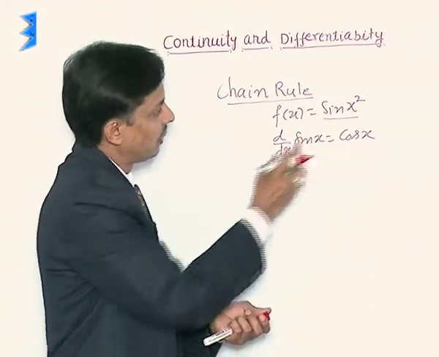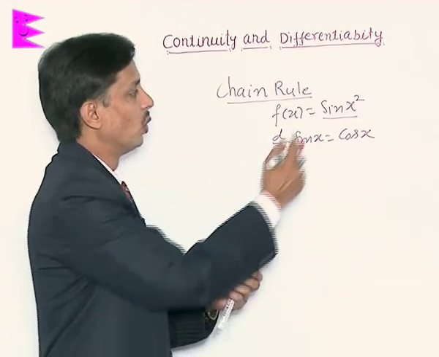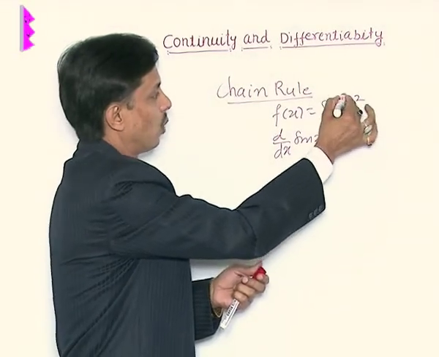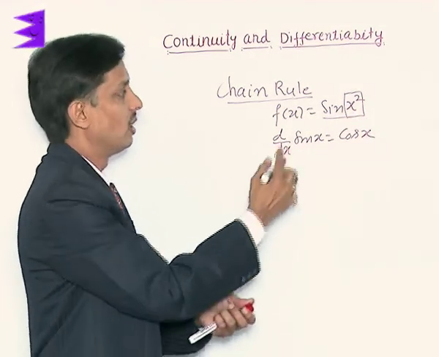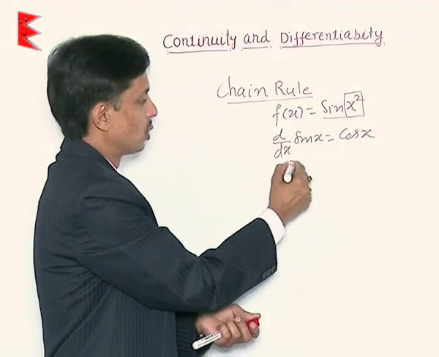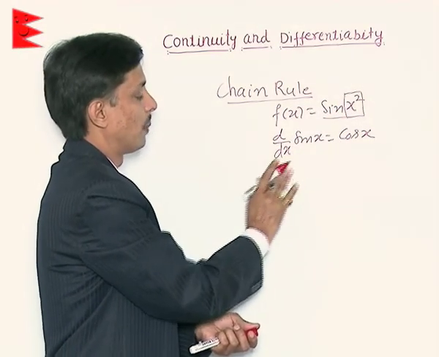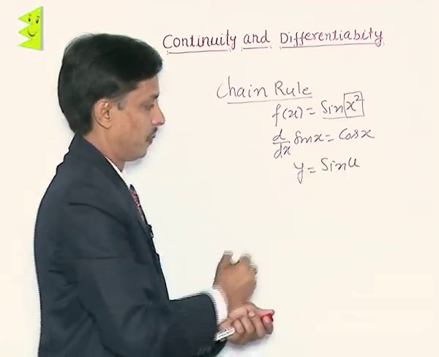To obtain it, this x square will be assumed as a new variable, suppose u. So the function becomes, suppose y, it is sine of u.